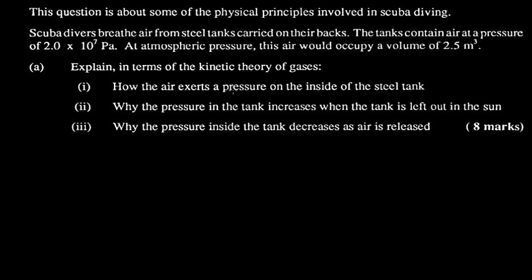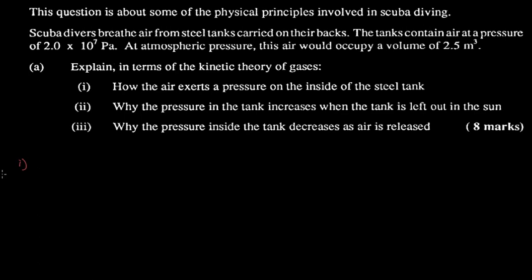So, to begin this question, we have to remind ourselves about the kinetic theory of gases. With the kinetic theory of gases, we can consider the fact that a gas is made up of many tiny particles. The kinetic theory of gases is related to the kinetic theory of matter.